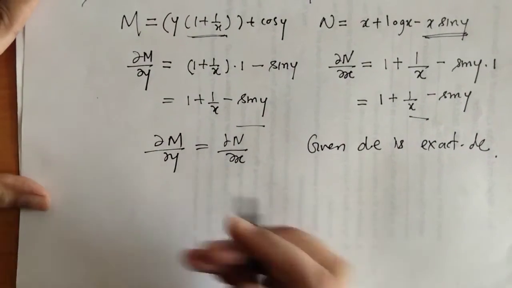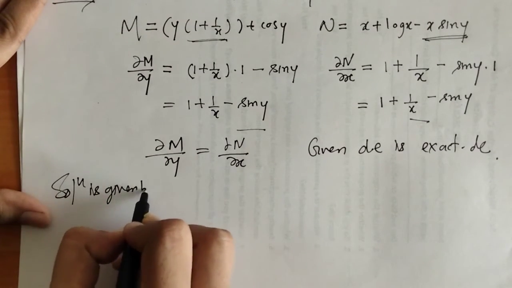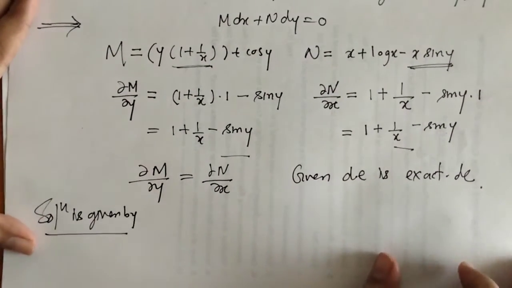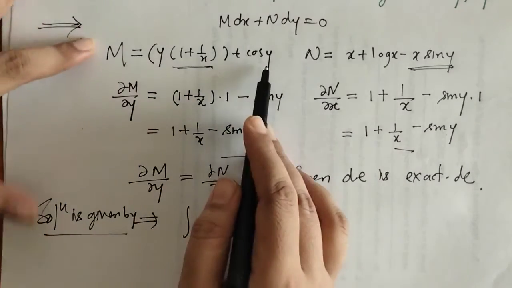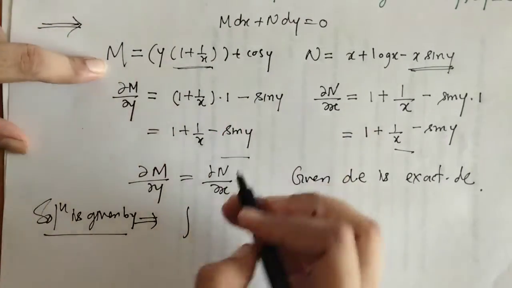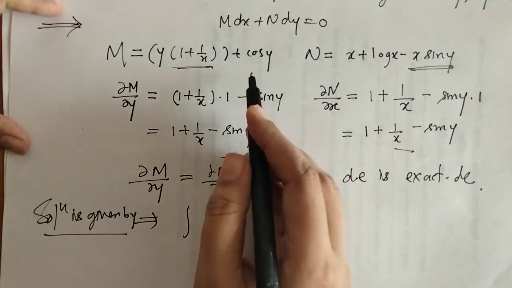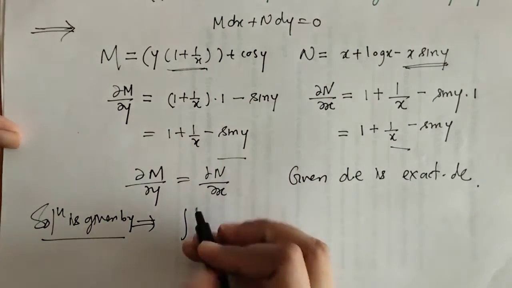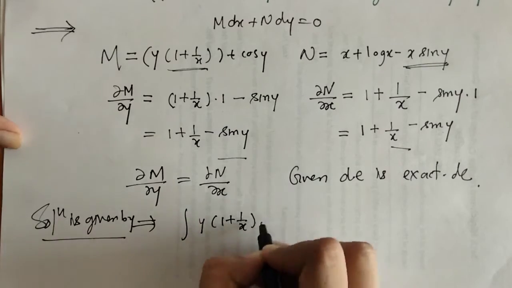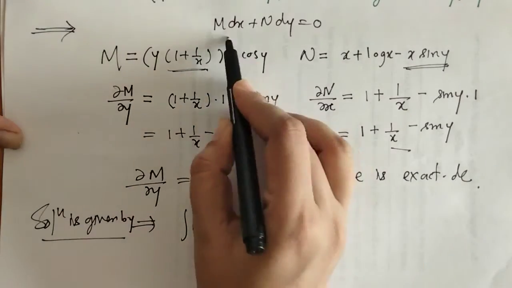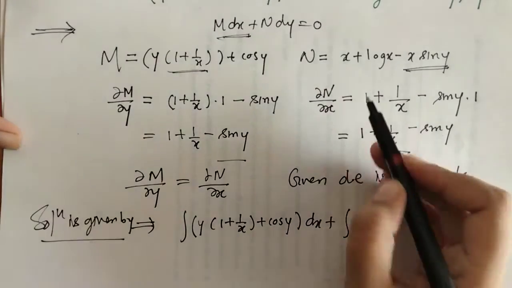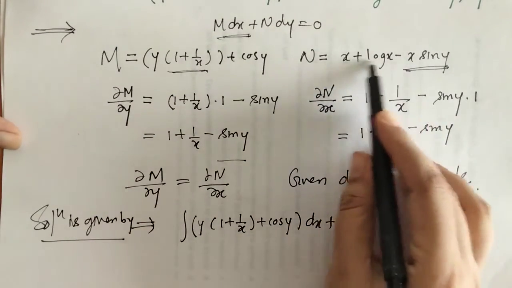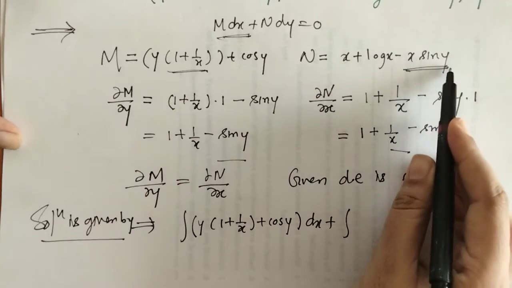Now what is its solution? Solution is given by integration of M with respect to x. So we will write the value of M here. This is integration with respect to x plus terms of N which are free from x.